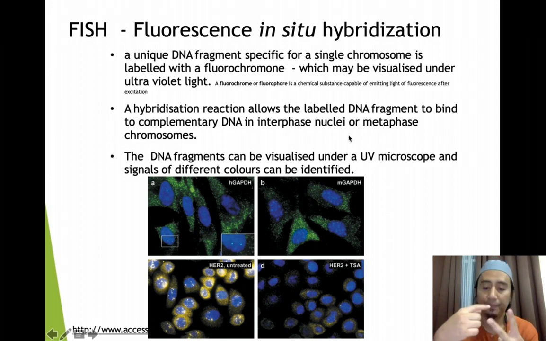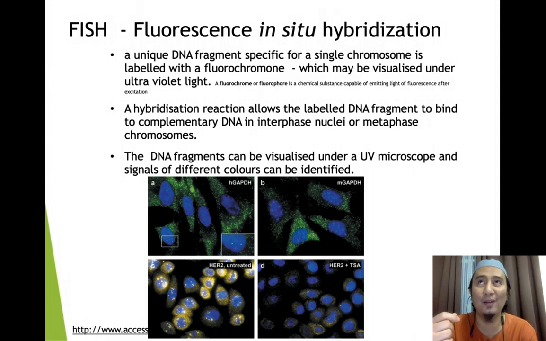So there are two rules that you need to follow. First, the hybridization reaction allows the labeled DNA fragment to bind to the complementary DNA. The labeled DNA fragment is the probe, or oligonucleotide probe. It only allows the probe to bind the complementary DNA in the interphase nuclei. Interphase consists of S phase, G1 phase or G2 phase.